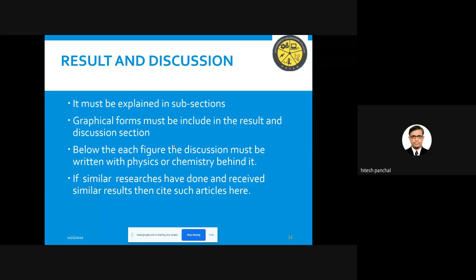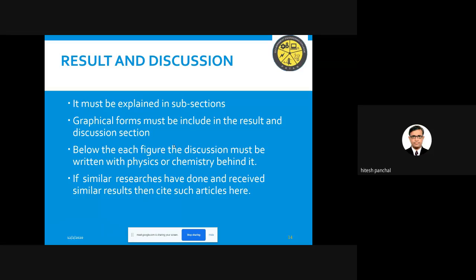Whenever you write the result and discussion, it must be explained in subsections. Suppose your result and discussion is point number 4. Then you can add 4.1, 4.2, 4.3, 4.4. You cannot write your result and discussion without subsections.